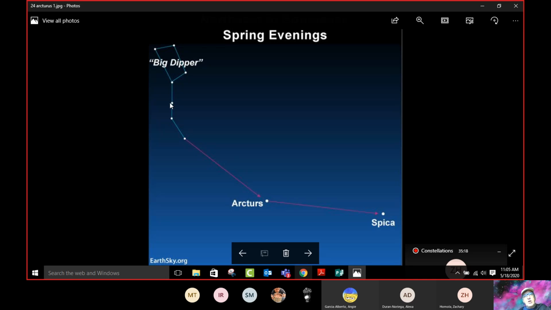So there's a little saying, arc to Arcturus. And that helps you find this star, which is part of a constellation called the Herdsman. So you arc to Arcturus, but you can go even beyond that and continue that arc to Arcturus and speed on to Spica. Spica is part of Virgo, the constellation Virgo.